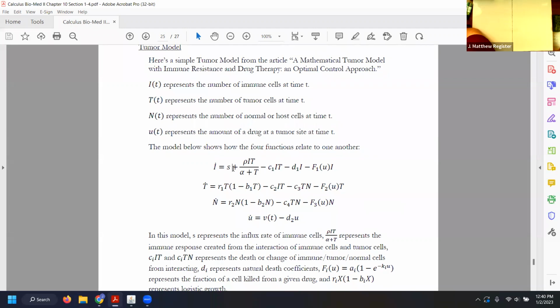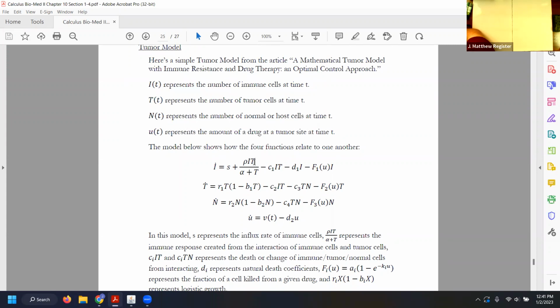If we ignored all of the other terms and integrated, we would see that this is increasing at a constant rate. There's always going to be a constant rate at which you are producing immune cells. What that rate is might vary from person to person, and it might actually fluctuate with respect to time, so this could be an S(t) term. But for the purposes of this, we're going to assume a constant production of immune cells is a natural thing.